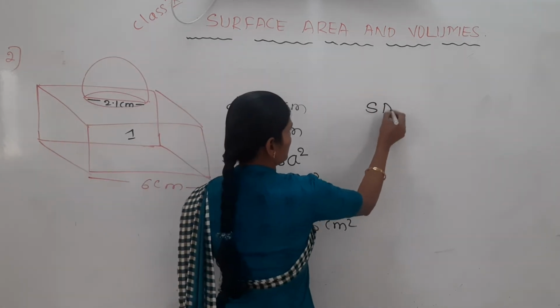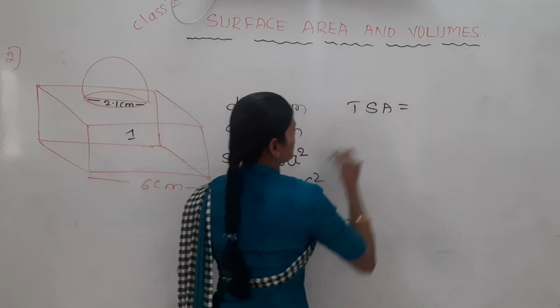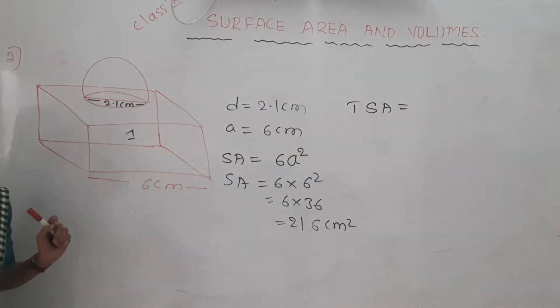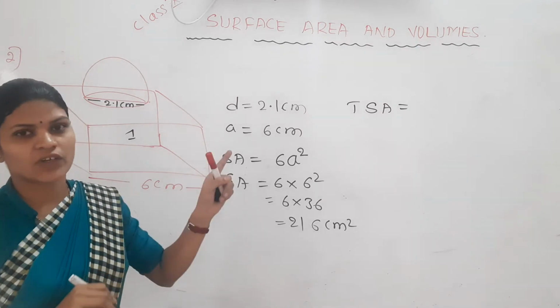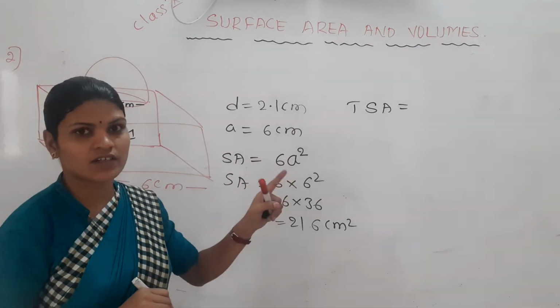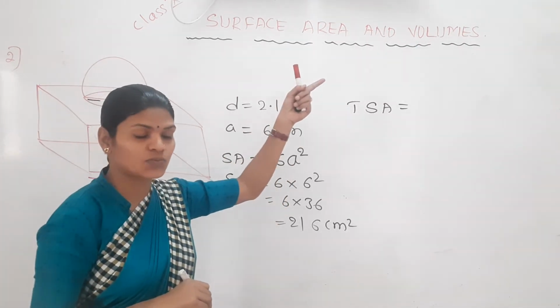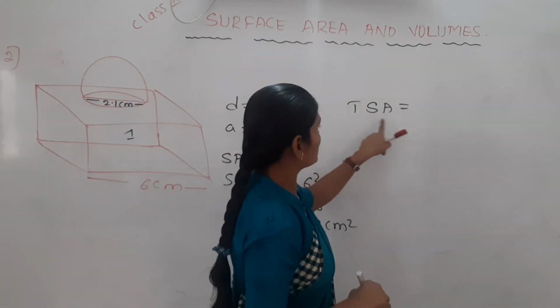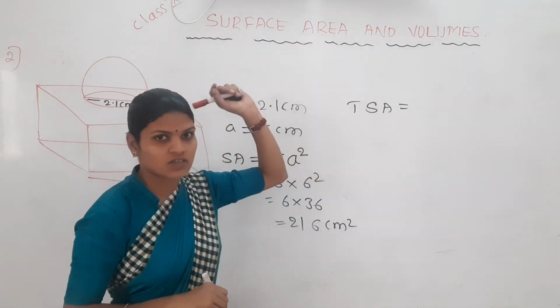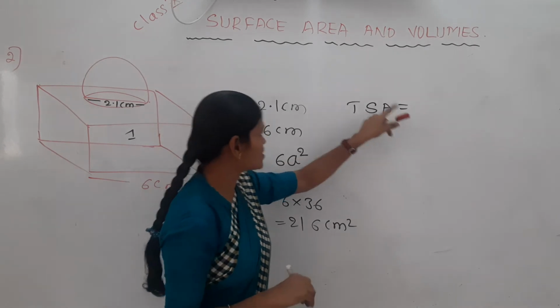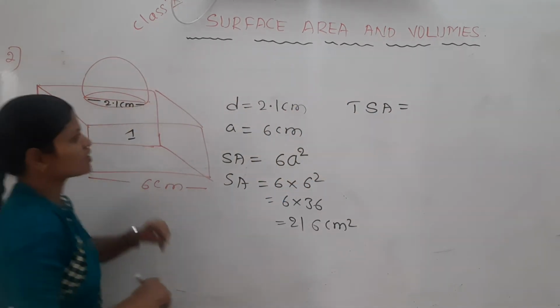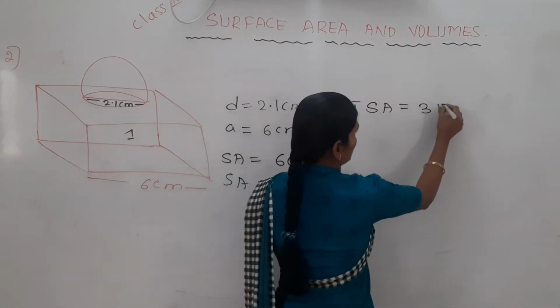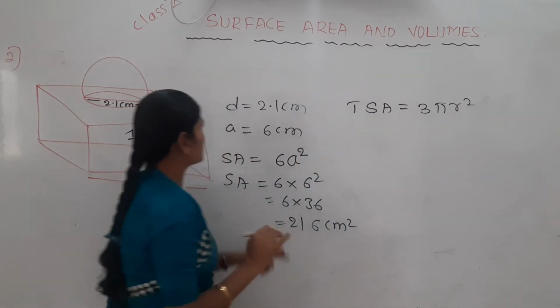What is the total surface area of the hemisphere? Curved surface area is 2 pi r square, total is 3 pi r square. The surface area of the sphere is 4 pi r square, but we are taking the total surface area of the hemisphere, which is 3 pi r square. What is the radius here?